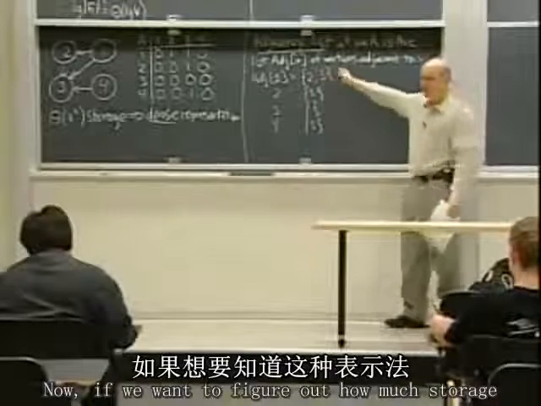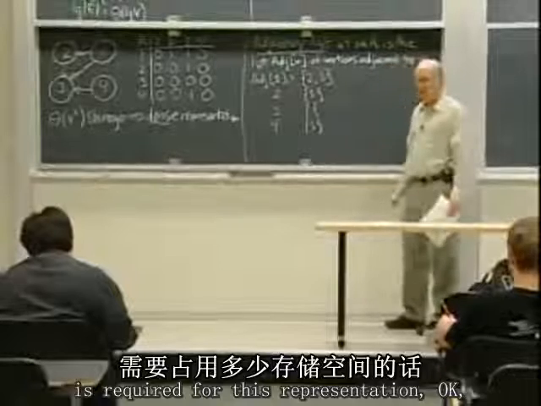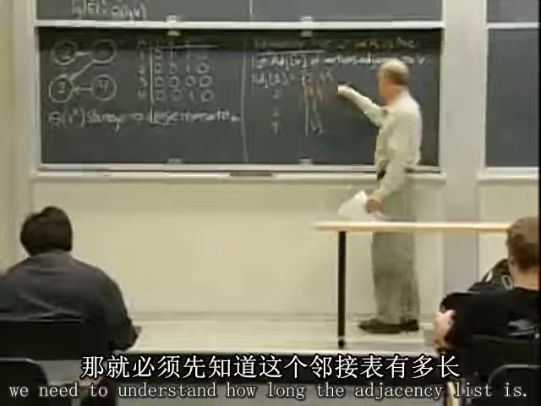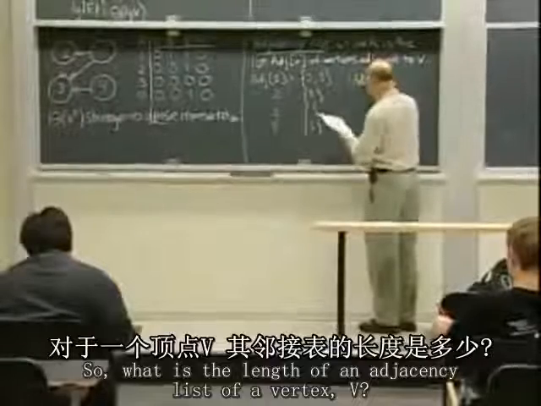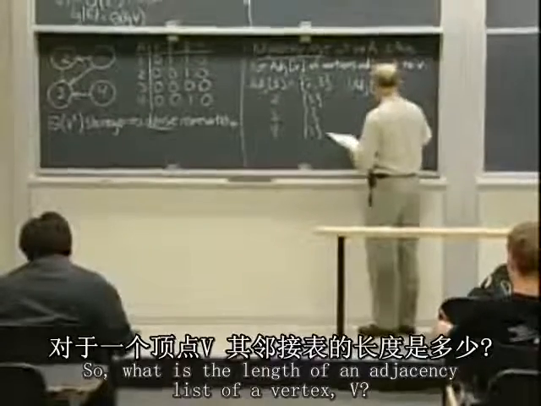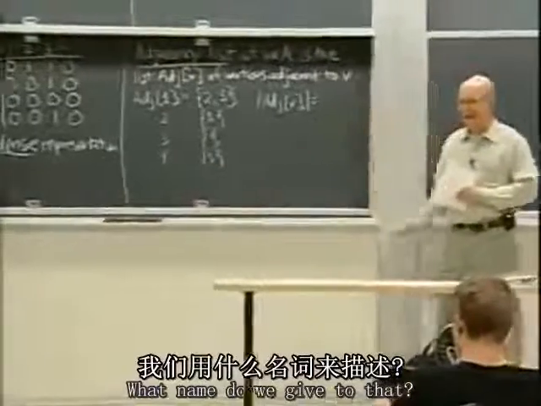Now, if we want to figure out how much storage is required for this representation, we need to understand how long the adjacency list is. So, what is the length of the adjacency list of a vertex V? What name do we give to that?